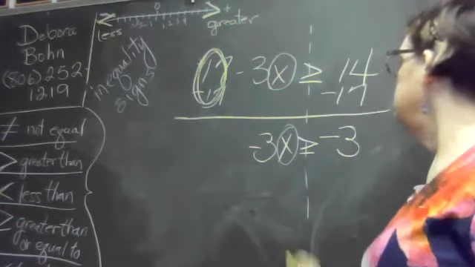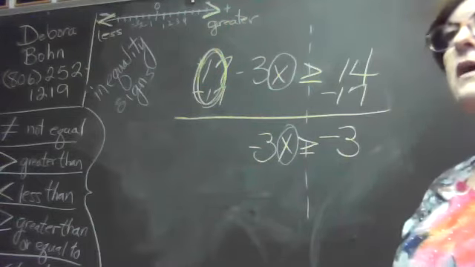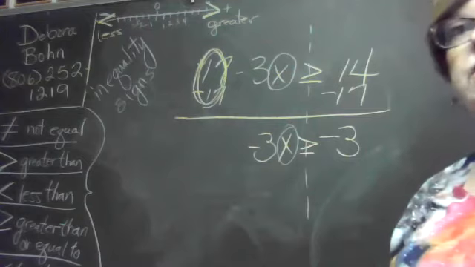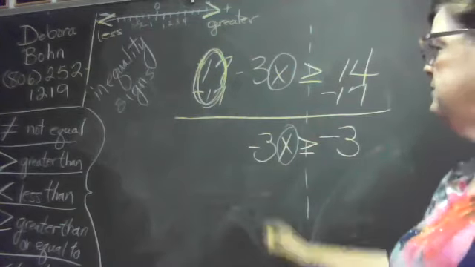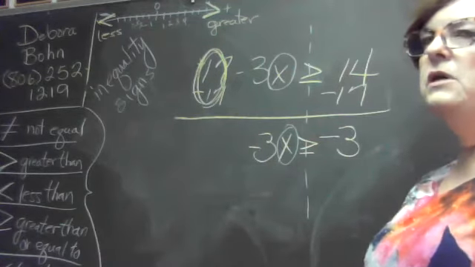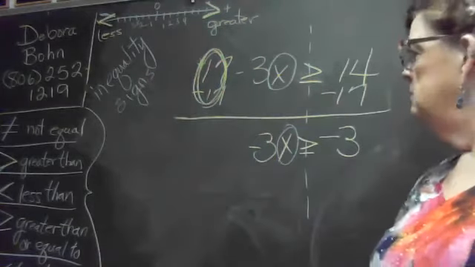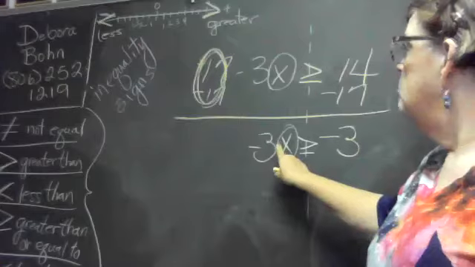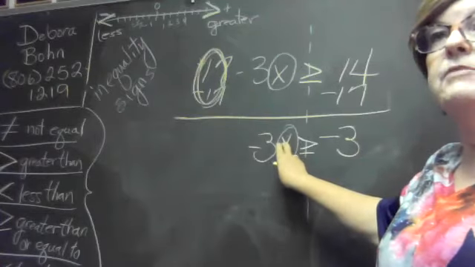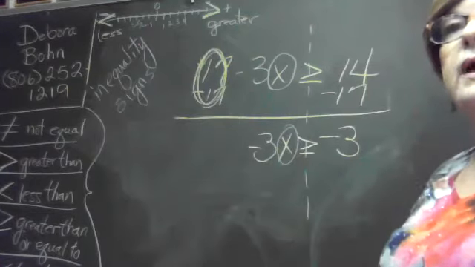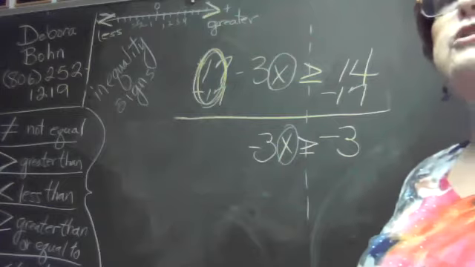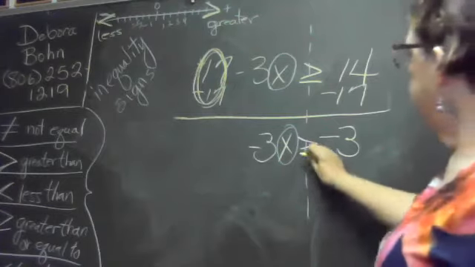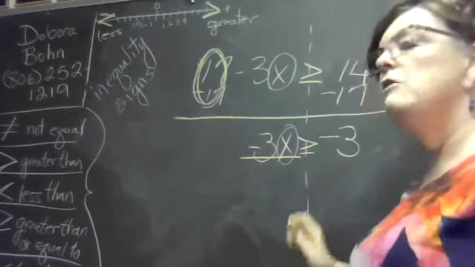Now to get the variable by itself, I have to get rid of this negative 3. How is that negative 3 connected to the x? It's multiplied, because when it's crammed together, it's multiply. So how am I going to undo multiply? Divide. Now be careful here.